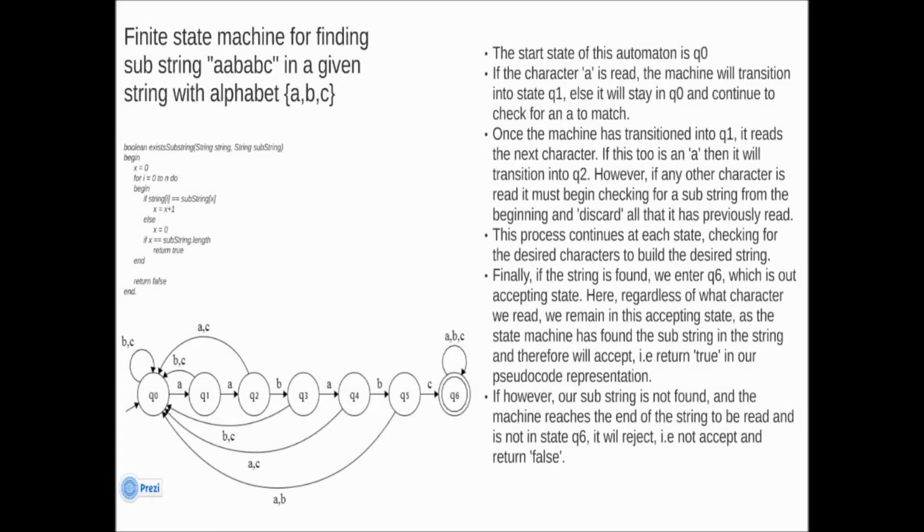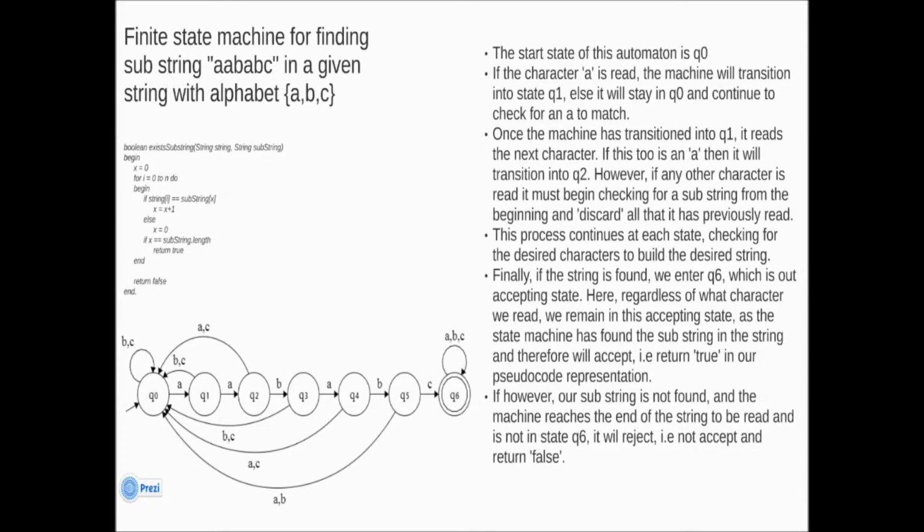So here we diagrammatically represent this transition function. Say we want to match a string AABABC in any given string with the alphabet A, B, and C. Now, we've already gone over how to do this in pseudocode, but to use a finite state automaton, we would have to draw a diagram like this.